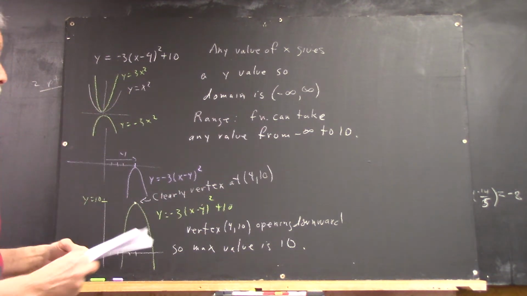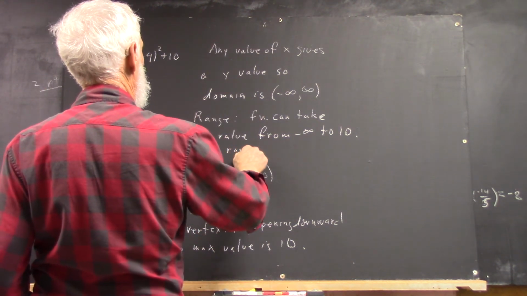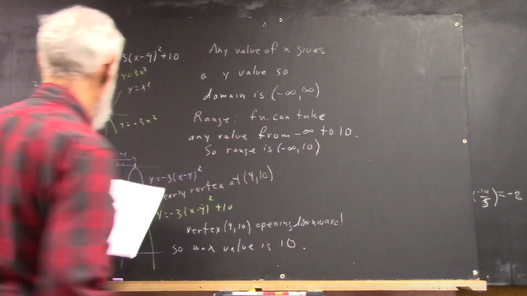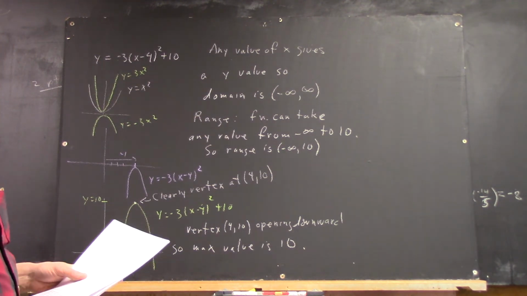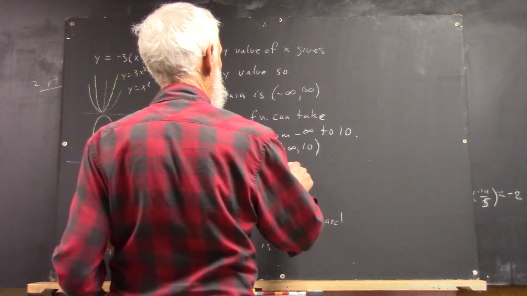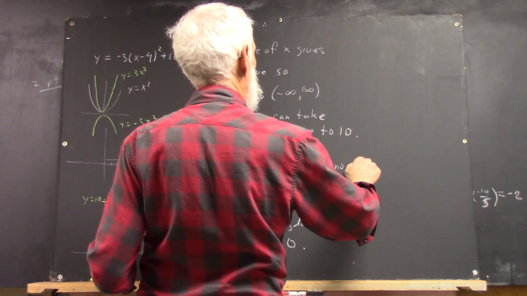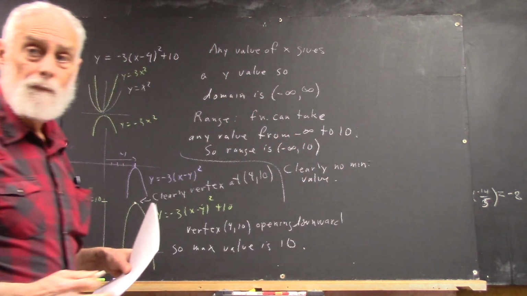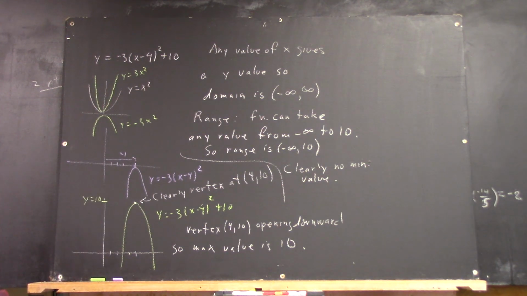No limit to the y values. So the range is negative infinity to 10, including 10. Anything else? Axis of symmetry: x equals 4. Clearly no minimum value, right? There's no limit to how far you can go in the negative direction.